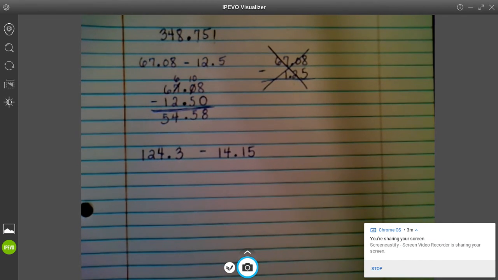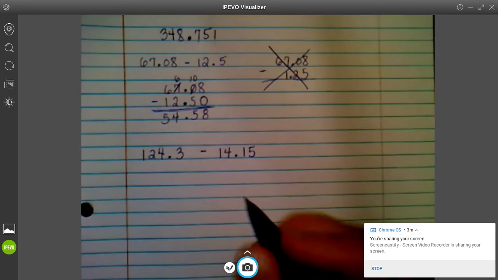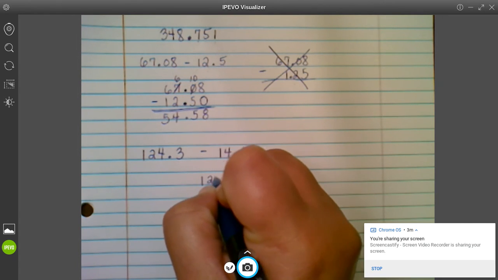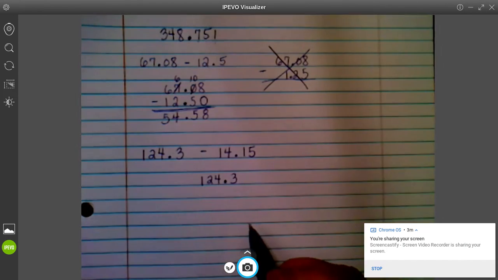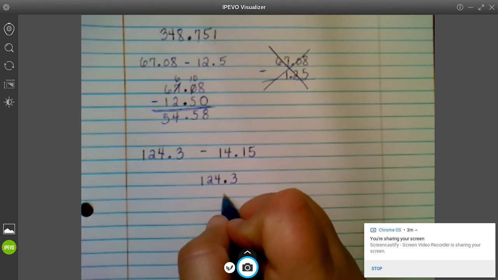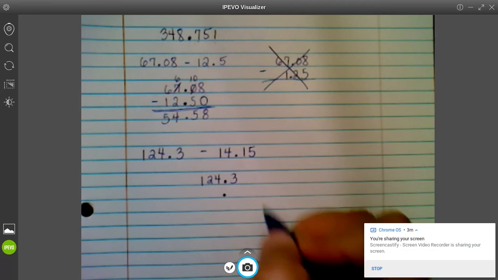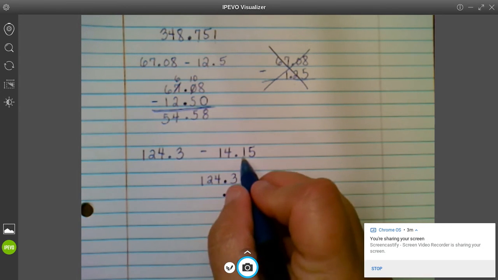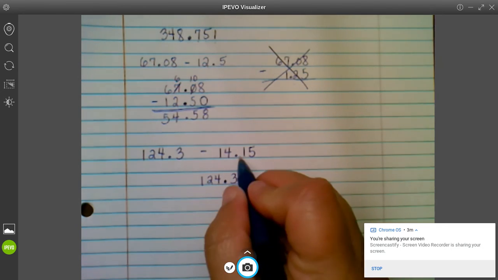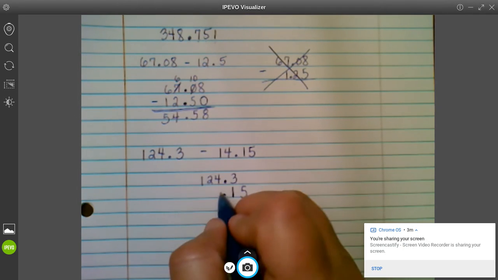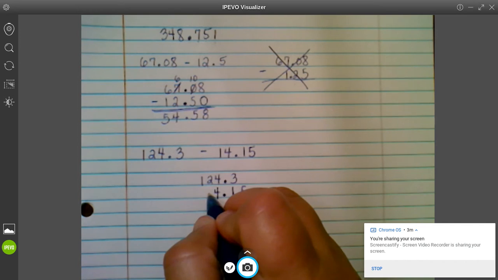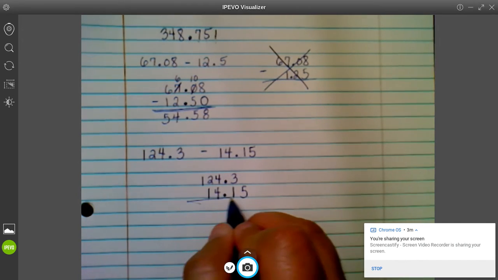Okay, so again, it's important that you line your decimal points up. So I'm going to say 124 and 3 tenths. Go ahead and put this decimal place underneath here. And then you can just fill in the numbers around it. So there's 1 right behind the decimal point, and then a 5. There's a 4 right in front of the decimal point, and then a 1.